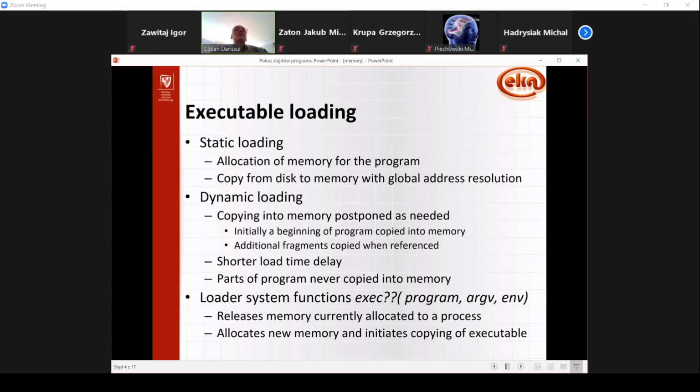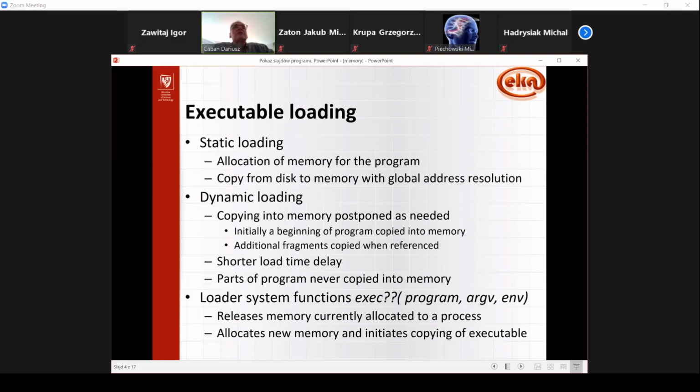So the two advantages are that you use a lot fewer copies from disk to memory, and that the program starts running much quicker.